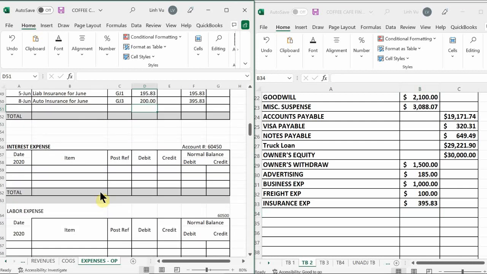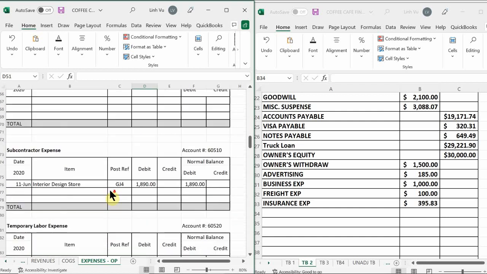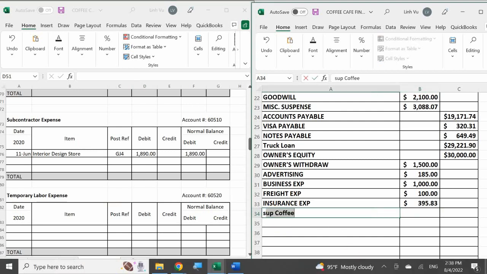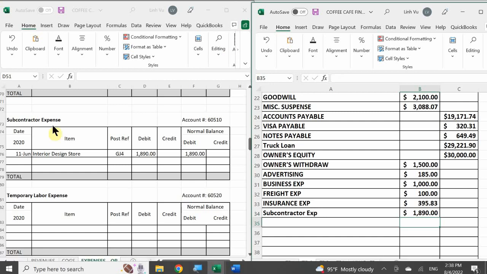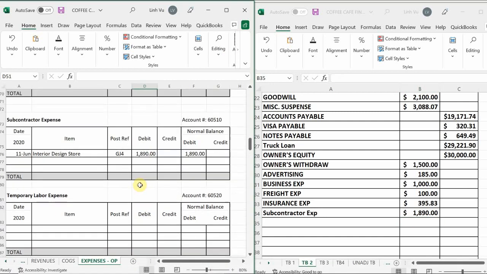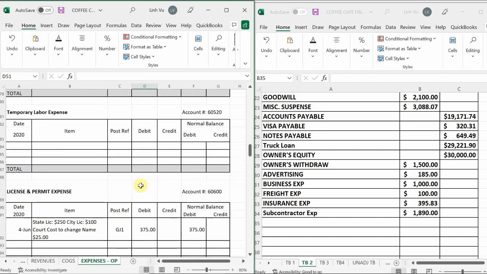Do we have any interest expense? Not yet. Any labor expenses? Did we incur our subcontractor expense? Yes, we did. For how much? 1890. Subcontractor expense. Any temporary work labor expense? Not yet.